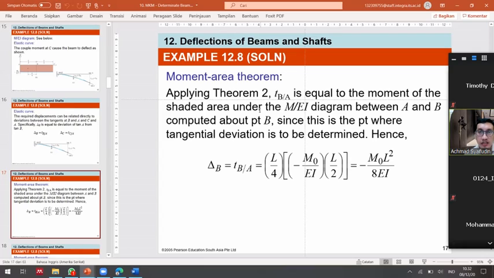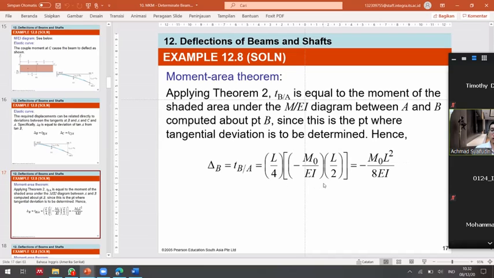This is based on theorem 2. t B per A, or the deflection at point B, is equal to the moment of the shaded area under the M over EI diagram, which is computed about point B. Since this is the point where the deflection is to be determined, the formulation will be like this.